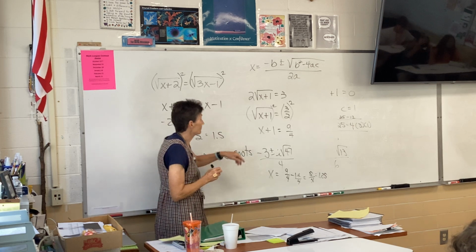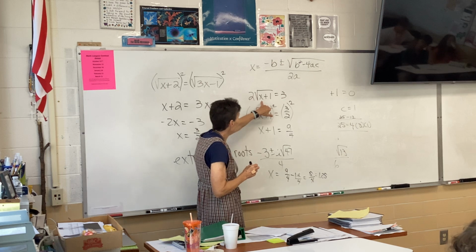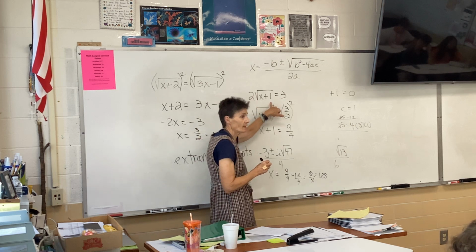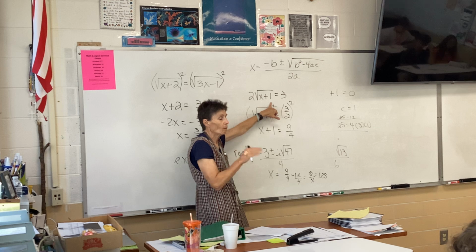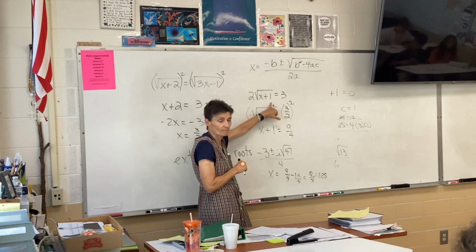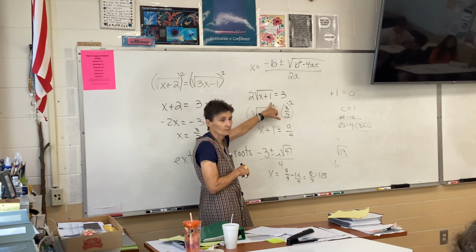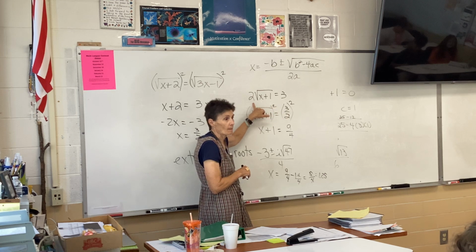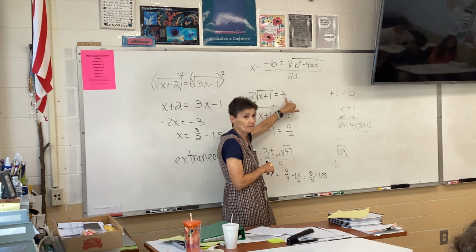Let's check it. What's 1.25 plus 1? You don't have to tell me, just type it in. 1.25 plus 1 equals, square root that, times 2. Did it equal 3?